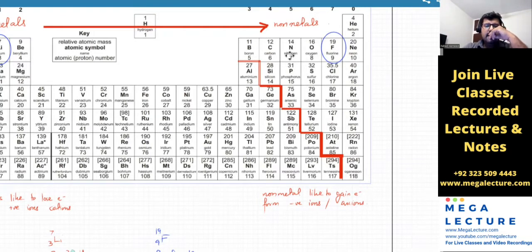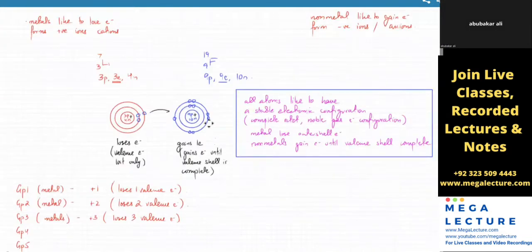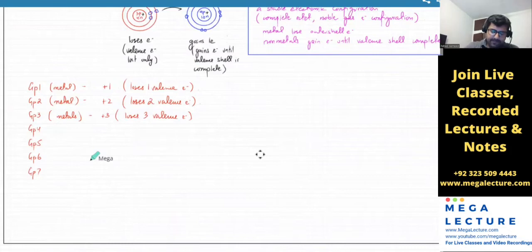So how many would it gain to get a noble gas configuration? 3, sir. 3. So it's going to be -3. Okay? So group 5 are going to be non-metals mostly. And it's going to have a charge of -3. Why? Because it's going to gain 3 electrons.